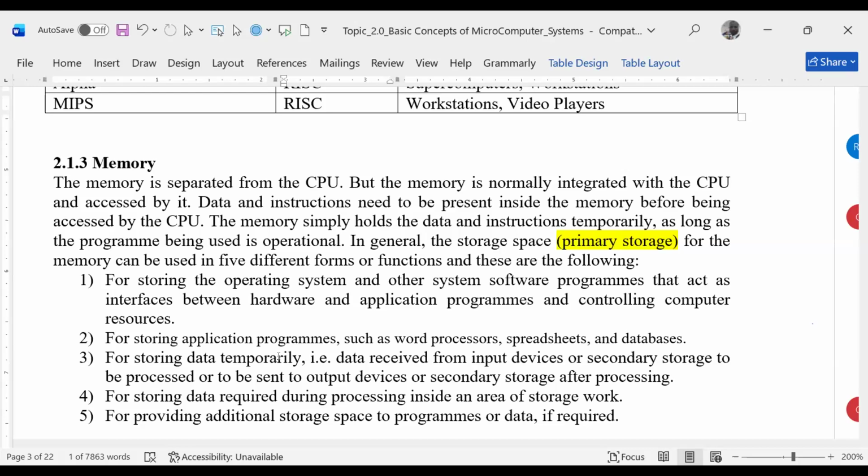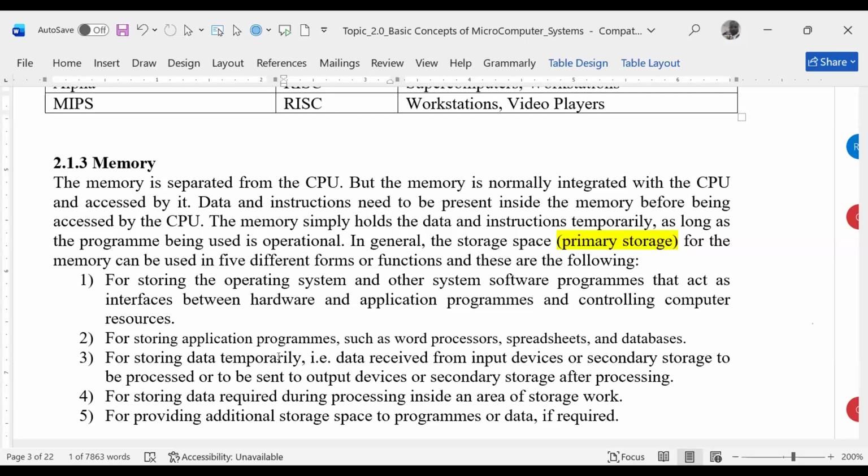Everything inside the computer system needs to be present inside the memory before it can be accessed by the CPU. The memory, as long as it's on, holds your work temporarily. But when power goes off, everything is gone. So it stores our work temporarily as long as the power is on.